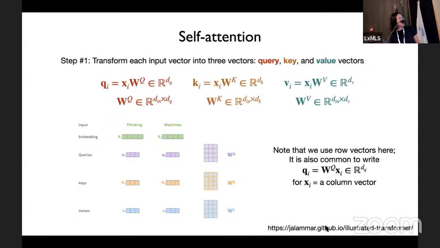Here is an illustration I took from a very nice blog post that illustrates transformers. For each embedding, you get a set of QKV vectors. I should mention that here I use the row vector notation, but in many other papers they use column vectors, so you can also write Qi as Wq multiplied by xi.